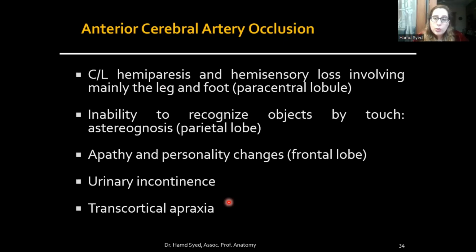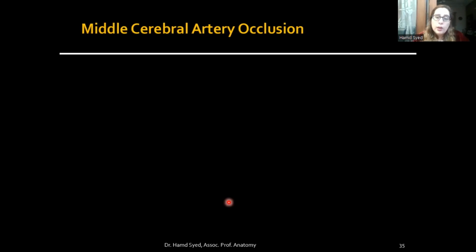But since the corpus callosum has been compromised, this transfer of information cannot occur, and that is why the patient cannot raise their left arm in response to a command. But they can raise their right arm in response to a command, because in that case, the information has simply to go from the language center of the left cerebral hemisphere to the motor center of the left cerebral hemisphere itself.